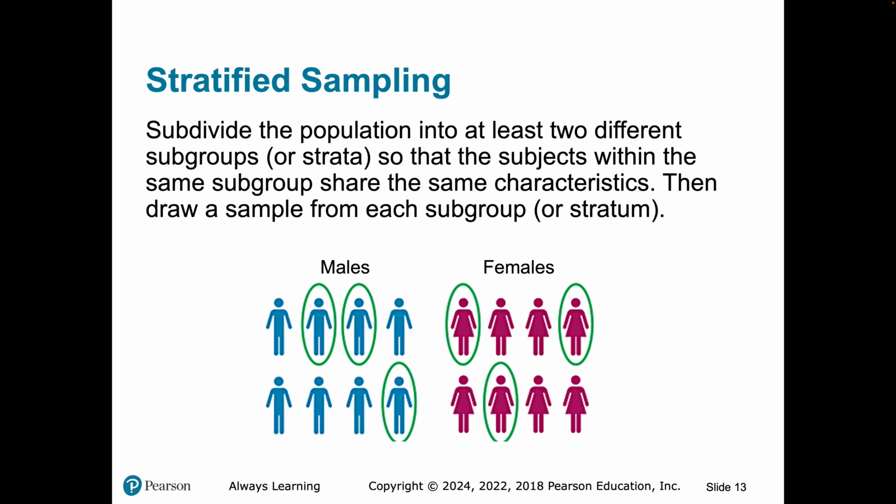Stratified sampling is kind of interesting. This is where you'd subdivide the population into at least two groups, and then you dive in and take samples from each. In a healthcare facility, I think what would make sense there is maybe divide the population into 4 subgroups. Subgroup number 1 would be doctors, subgroup number 2 nurses, maybe allied health professionals as the 3rd, and maybe support staff as the 4th.